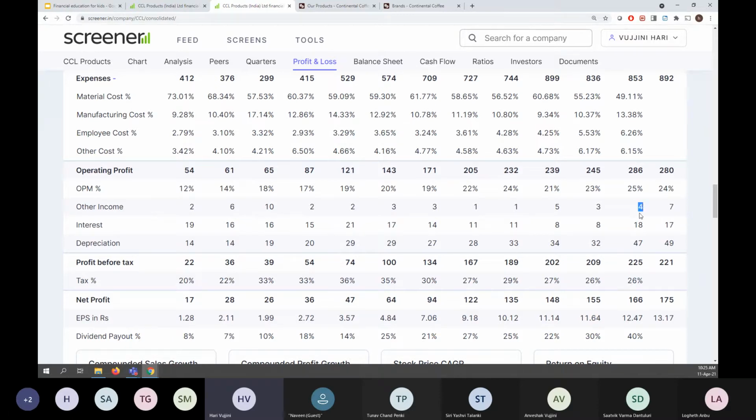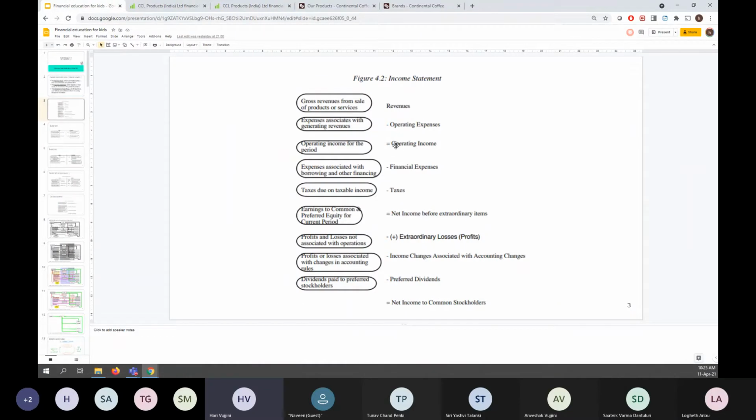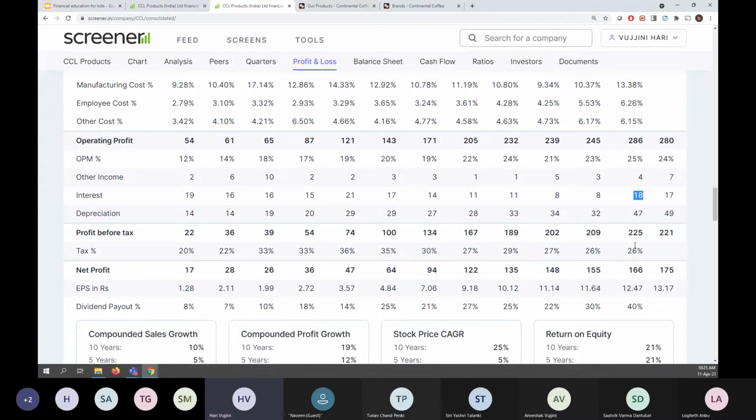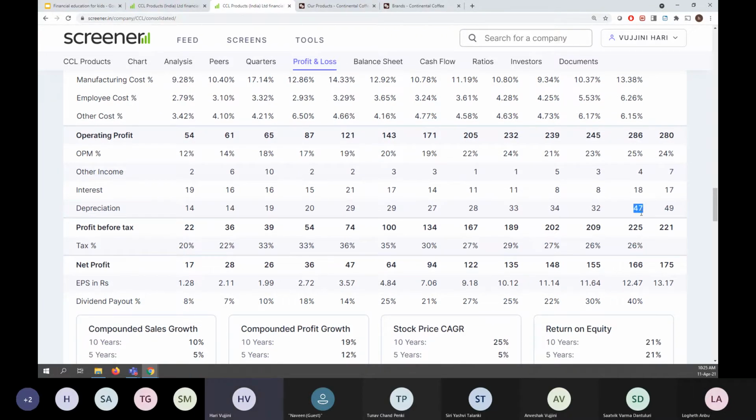So they subtracted these other amounts. If you remember, we have revenue minus operating expenses, and we got operating income. Then we need to subtract the financial expenses, that's the interest they have to pay. These guys must have borrowed some money from the bank, so on that borrowed money they have to pay interest. They have been paying interest of 18 million per annum, and they have depreciation that we need to subtract.